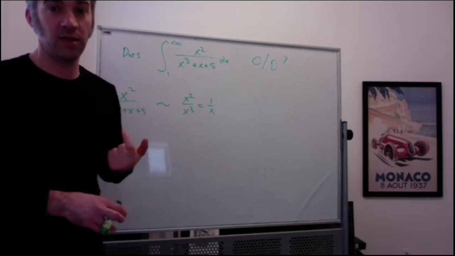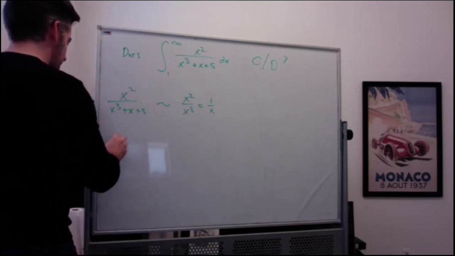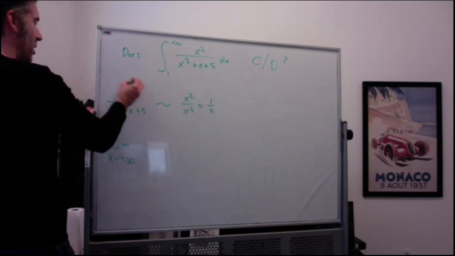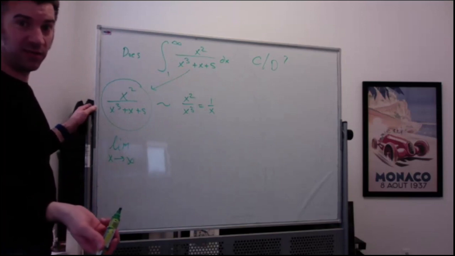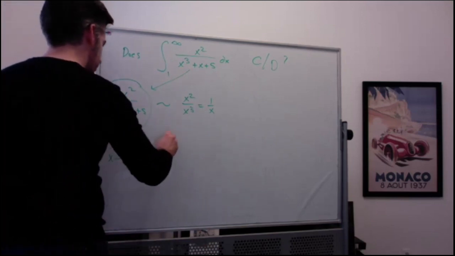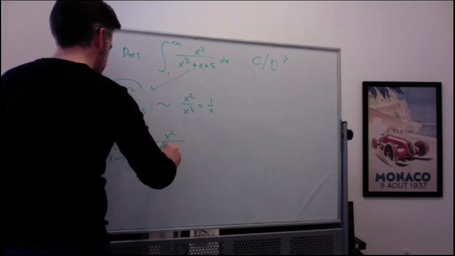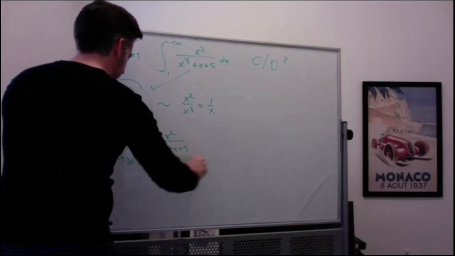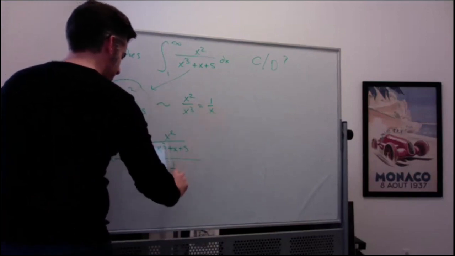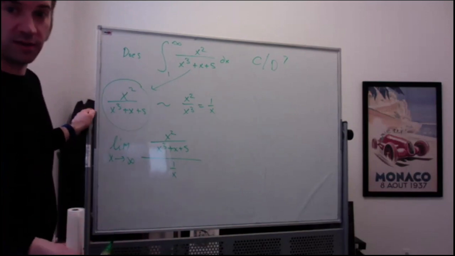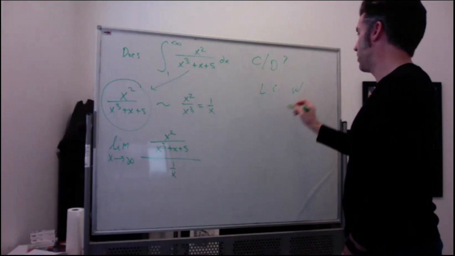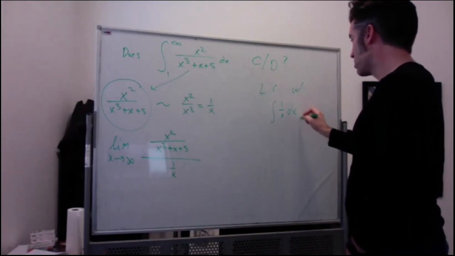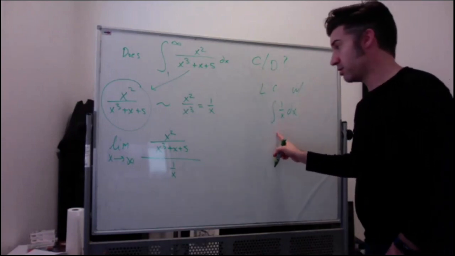But to show it, we have to do this. The limit as x goes to infinity of the unknown thing that you're trying to say whether or not it diverges or converges, divided by the known thing. So we are limit comparing this with 1 over x, which we know is divergent.